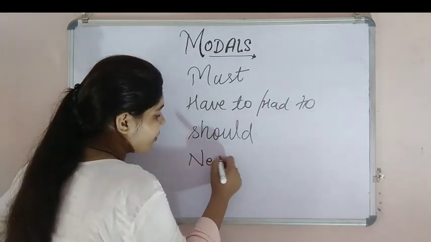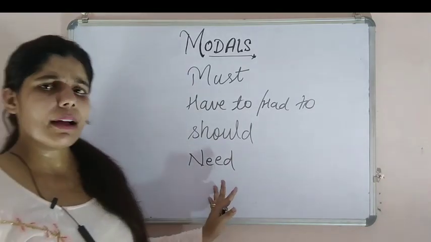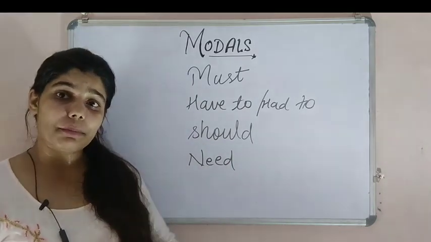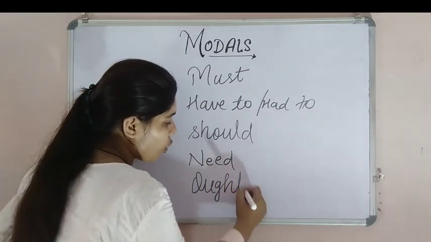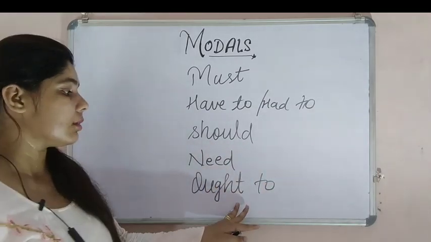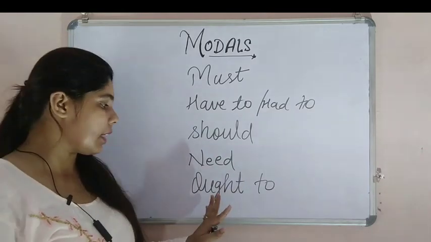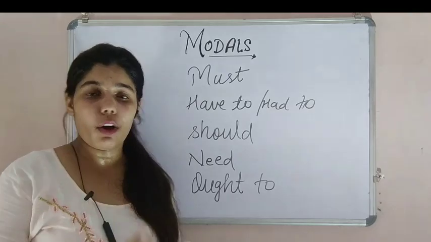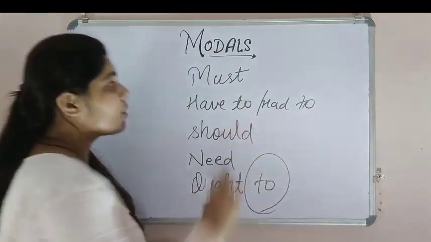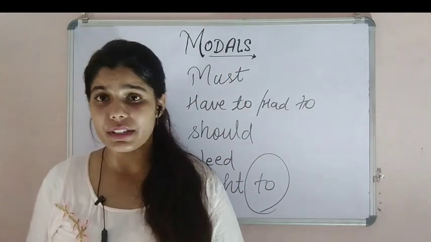Next, we talked of need, which is followed by an infinitive but without to. And then the last we discussed ought to, a modal auxiliary which is followed by an infinitive along with to. So these are the 5 modal auxiliaries which we discussed today.